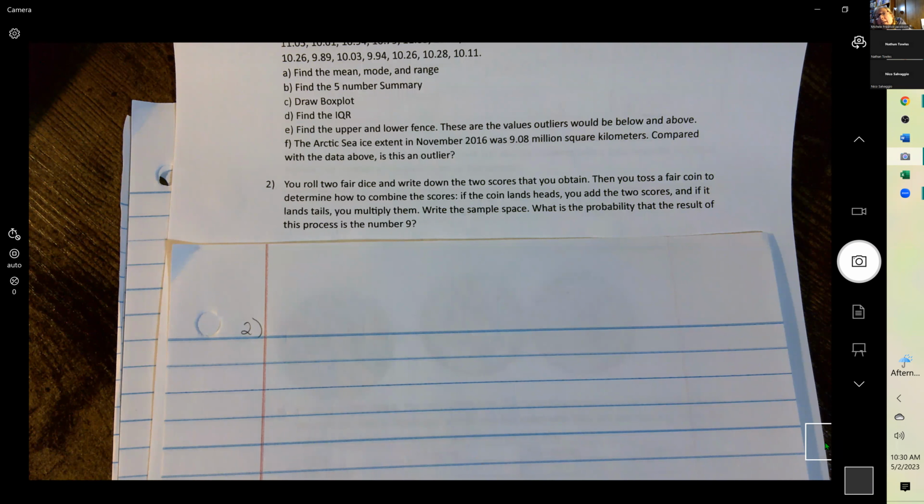If the coin lands heads, you add. If it lands tails, you multiply. Write the sample space. So the sample space should be, no, I guess it won't be because you're adding.